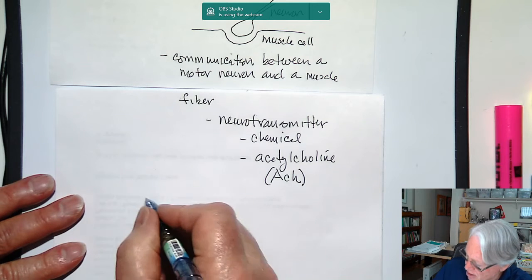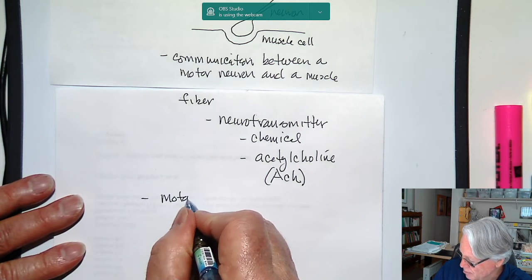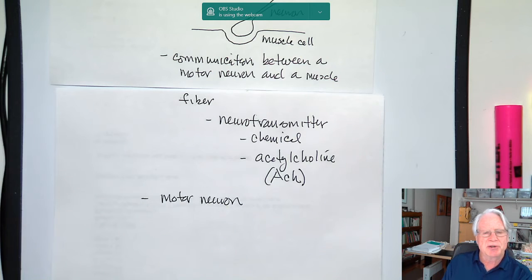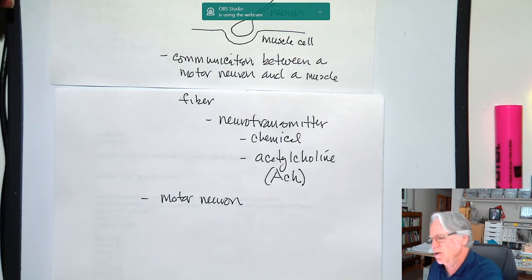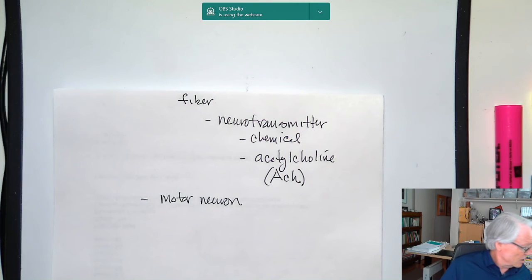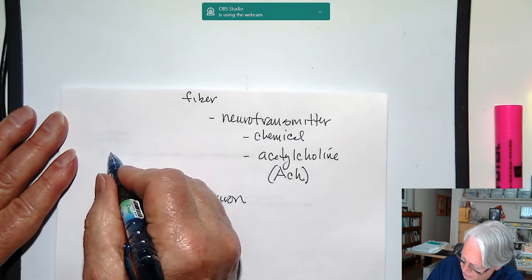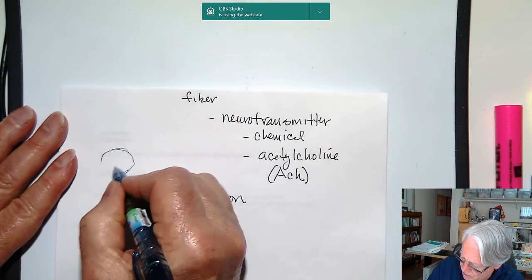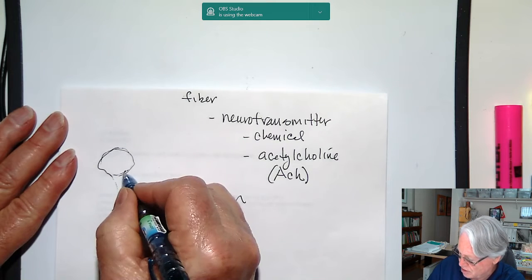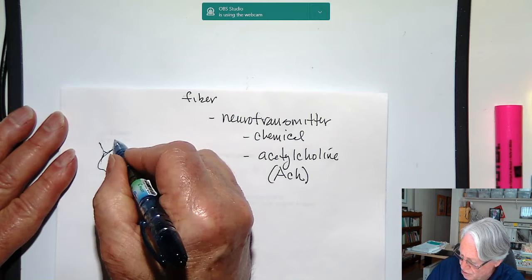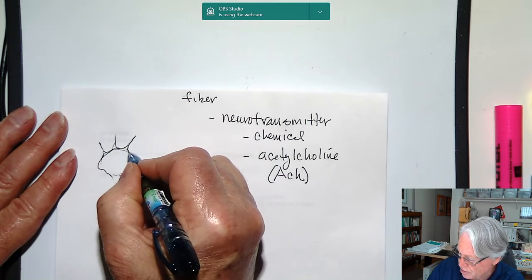So let's talk about the motor neuron a little bit. The structure of a motor neuron. So when we look at a motor neuron, if we were to draw a very sketchy picture of this, we would see a cell with a long axon. There would be some structures here, which we're not going to talk about.